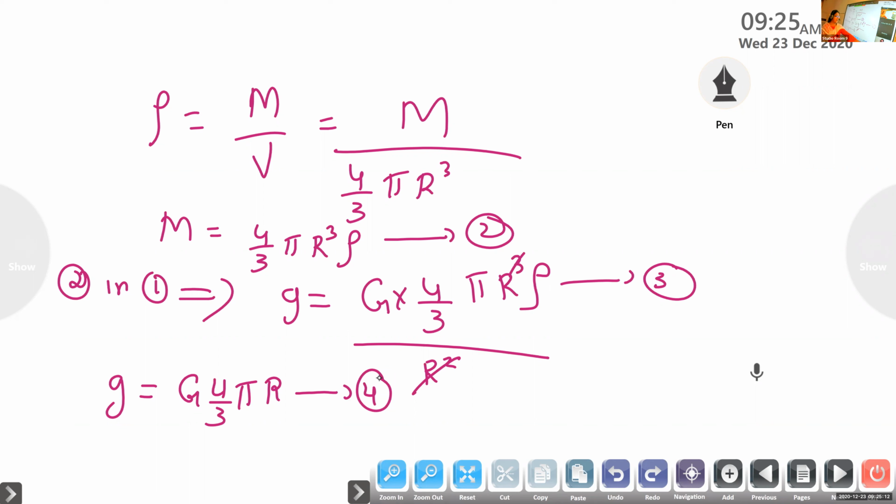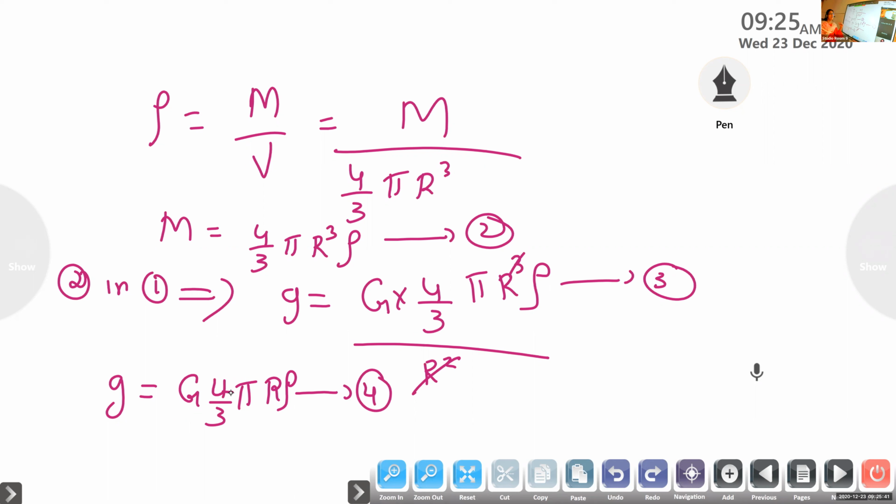Okay, next slide. Now this is at a point on the surface of the earth. The g in terms of volume and density, we got the equations. Okay, there is a rho missing. Sorry, you just write down rho also, which is missing there. g equals G 4 upon 3 pi r rho.